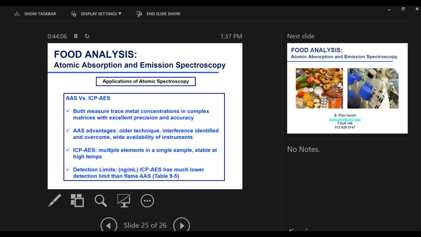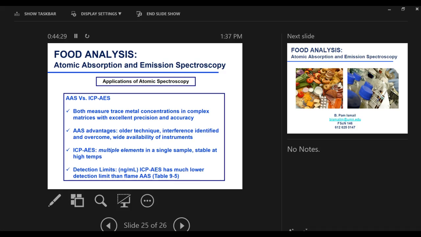Last bit for atomic absorption is a comparison of atomic absorption versus ICP atomic emission. Both are great in measuring trace elements, and they have excellent precision and accuracy.